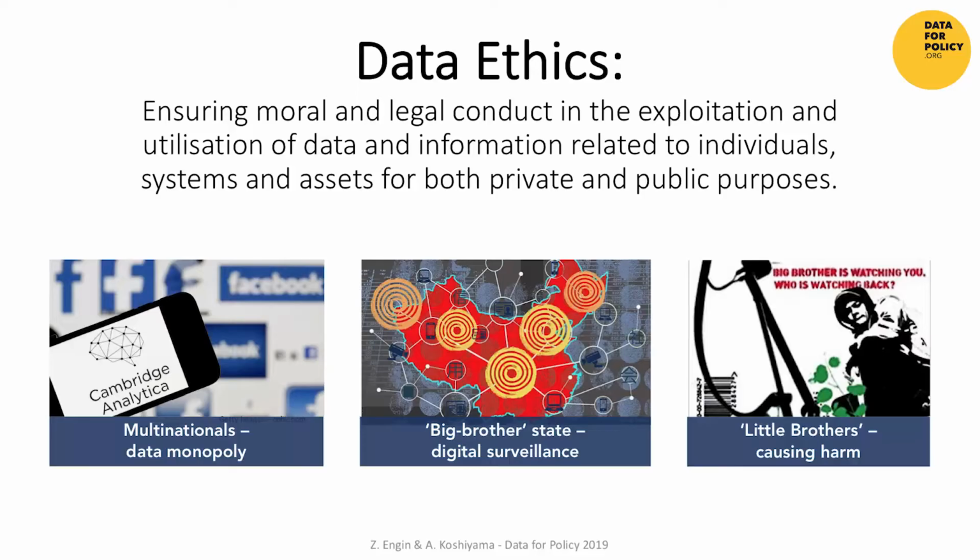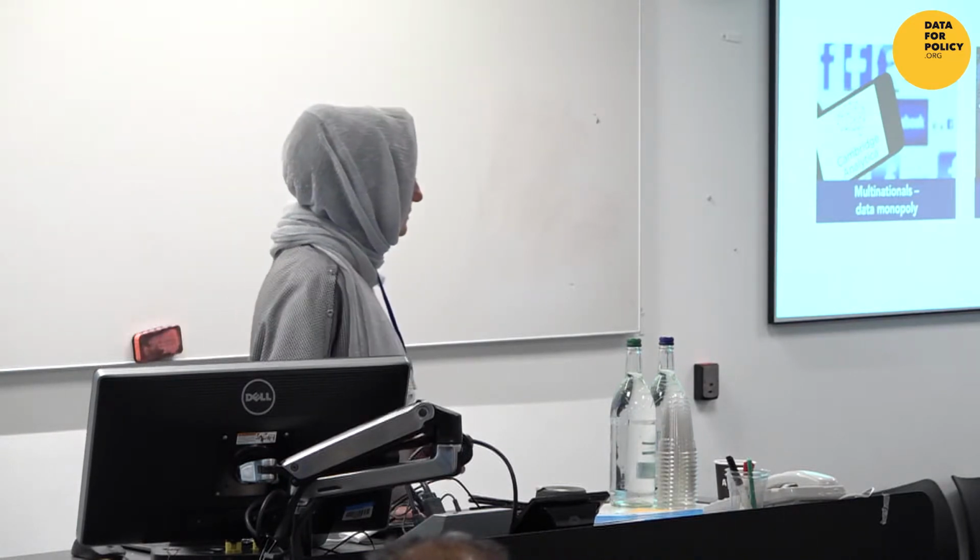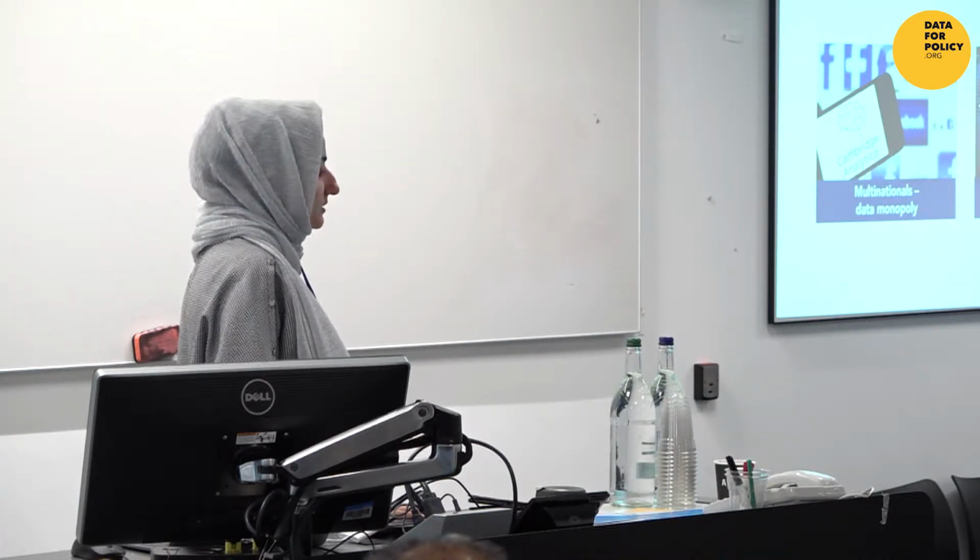And in the middle, I have the China example, which some people call a Big Brother state. It's turning into a Big Brother state because of the amount of citizen data that government has access to, and the way that they use it. We also have this often overlooked problem, the little brothers issue, where one individual or small groups of people are able to access lots of interesting, sensitive data and potentially cause big harm.